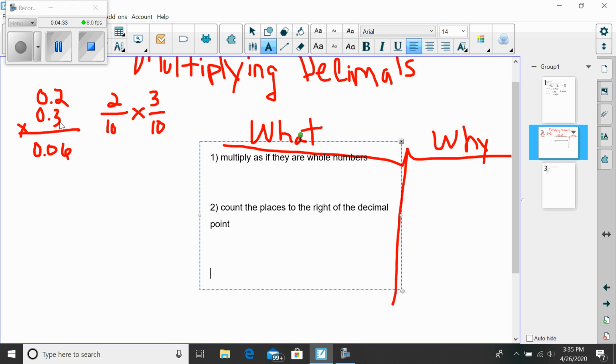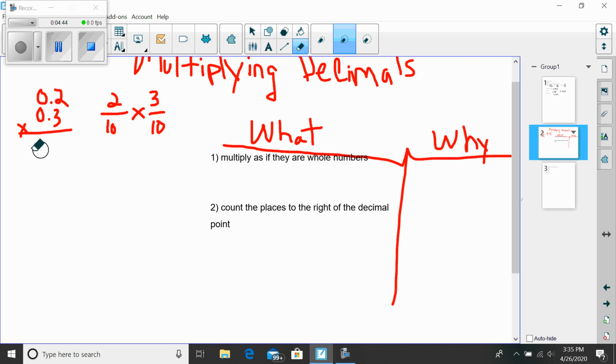All right, so we multiply them like they're whole numbers. We get 6. Then we know there's 2 places to the right of the decimal point. So then we would tell kids, okay, after you multiply these and get 6, so let's pretend we don't know the answer, what you do is you take the number you counted up here, the 2 places, and then you move the decimal 2 places from the end.